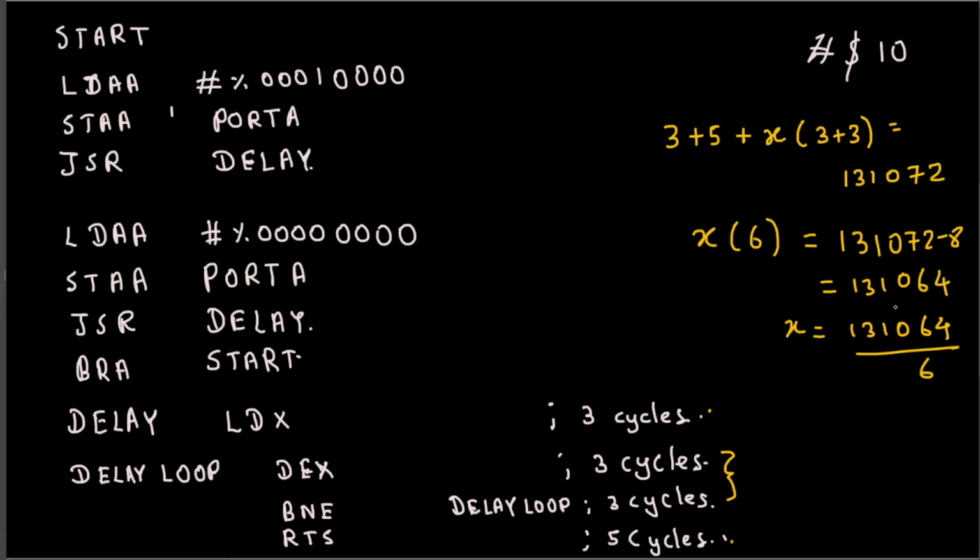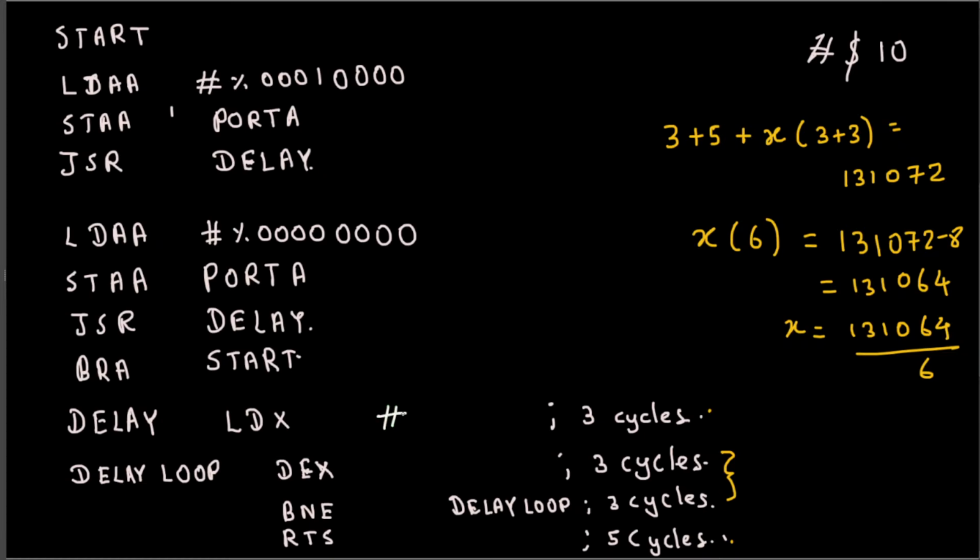Since I'm getting a whole number, I don't need to put anything extra here to make more cycles, because this is good enough to make that work. And we are trying to keep the code as short as possible.